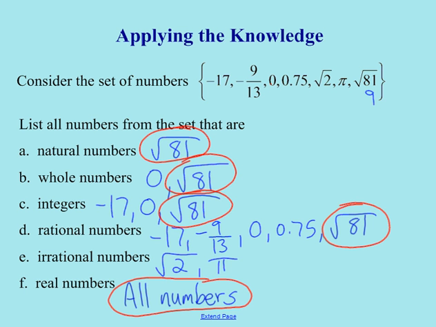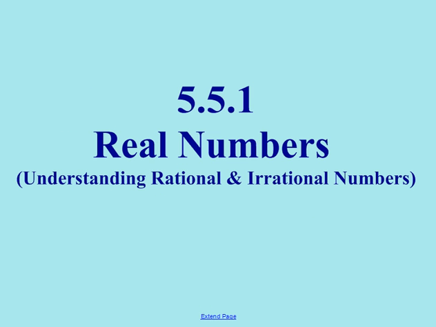So again, it's going to be very important that you are able to identify numbers into certain subsets and understanding the set of real numbers. So this is section 5.5.1, real numbers, understanding rational and irrational numbers.